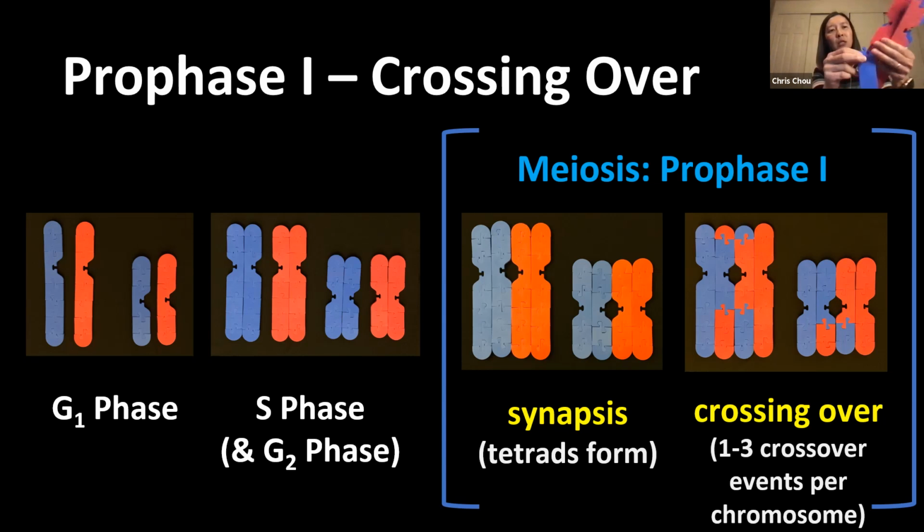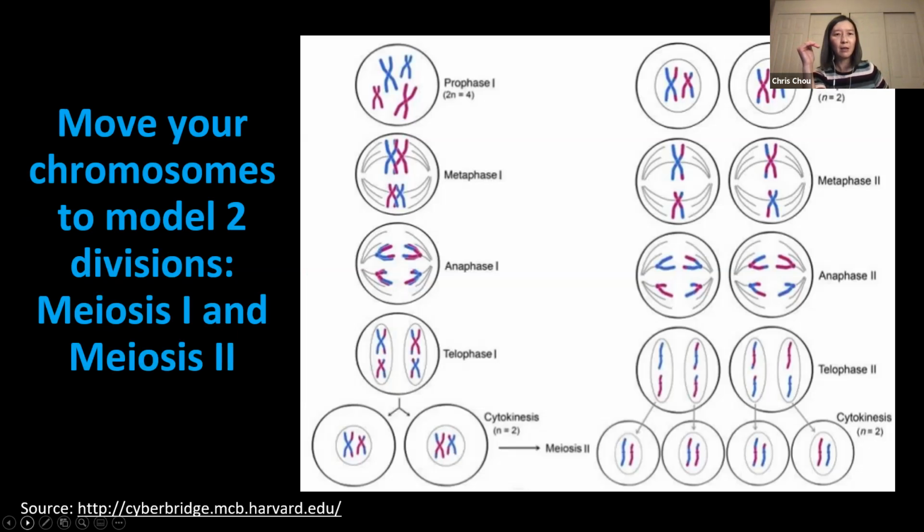So students can understand that inside a cell, this is 3D space, and these molecules are lined up and moving around, and this is how the crossing over can happen. I think this is a good usefulness of the kit to help kids conceptualize from 2D pictures to 3D space.